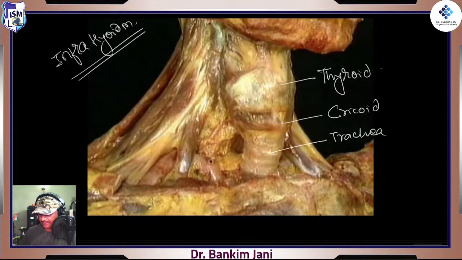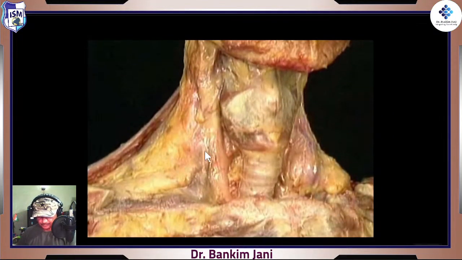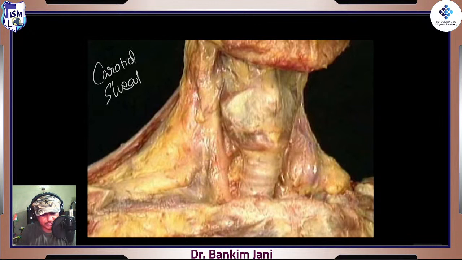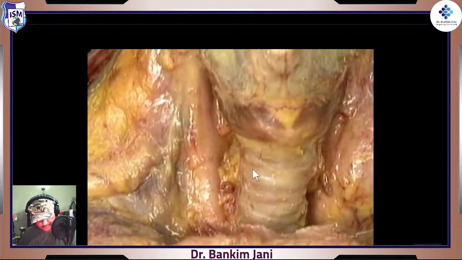So let's add the structures one by one. We have just added those carotid sheaths, as said, that we'll be putting everything back to its place. So these are carotid sheaths. They are replaced, which will be carrying all those major blood vessels. Yeah, here it is.